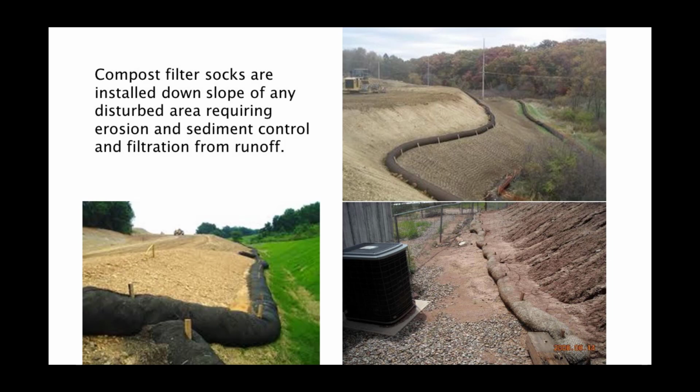They've staked it down properly. The drainage areas are small to the filter sock, and they actually have installed a perimeter control on the lower side, which includes filter socks and silt fences. They're in pretty good shape here. They have also put mulch down, which also helps reduce the runoff.